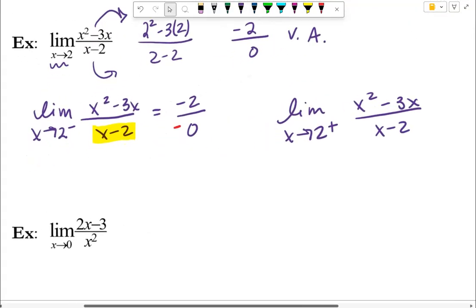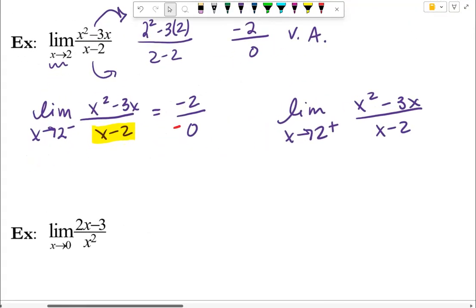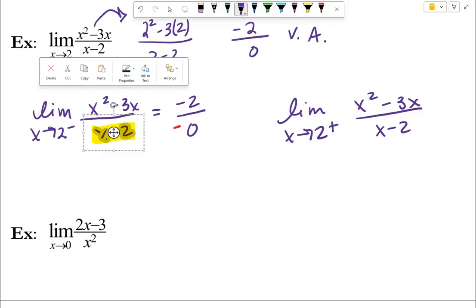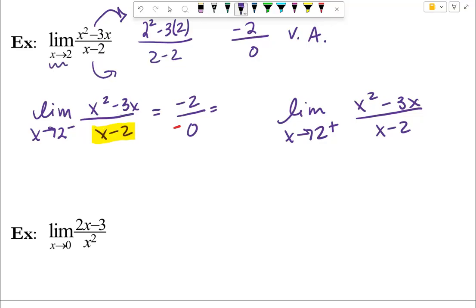So when we divide by 0, even though we, as math teachers, tell you for years that you can't divide by 0, it's like we have that concept of infinity. So a negative divided by a negative yields a positive. So we would get a positive infinity for this left-sided limit.